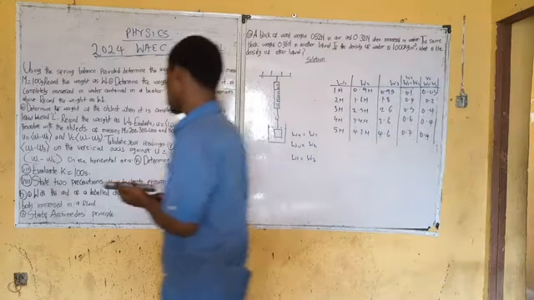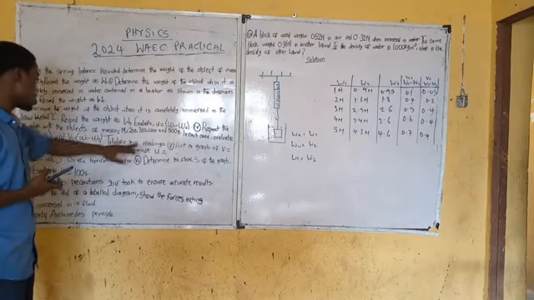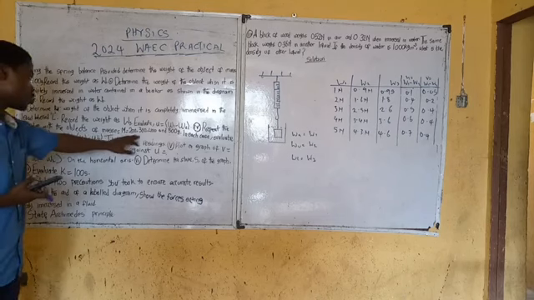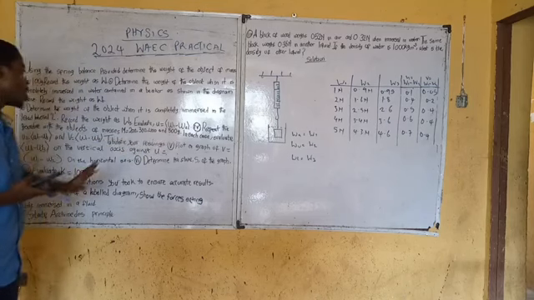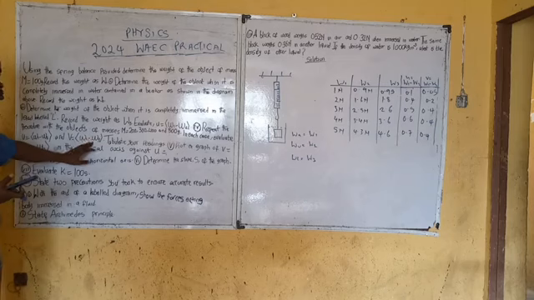So let's go back to the question. Evaluate U equal to W1 minus W2. You have done that. Repeat the procedure with the object of masses 200, 300, 400, and 500 grams. In this case, evaluate W1 minus W2, which is U, and V to be equal to W1 minus W3. We have done that. So tabulate your readings.